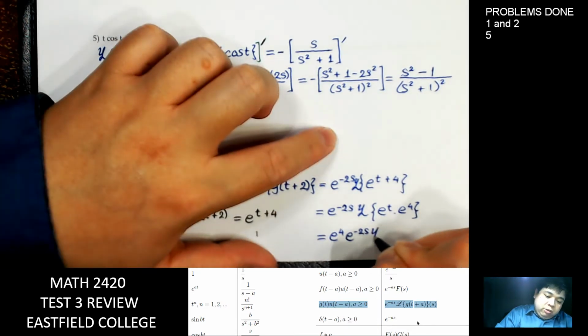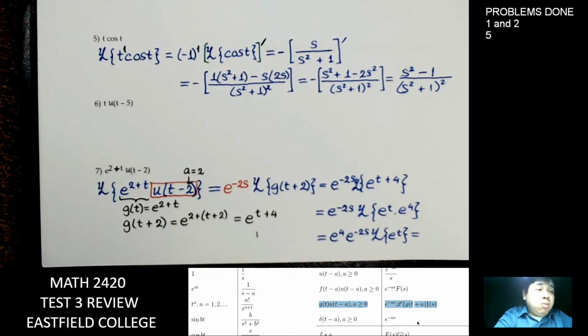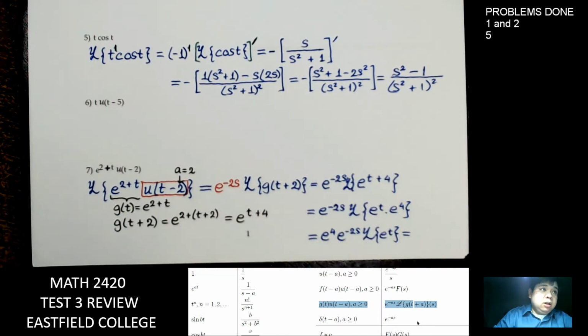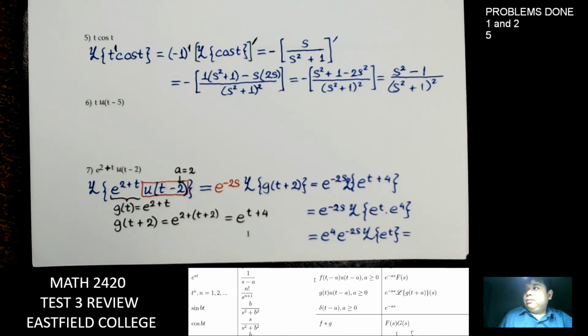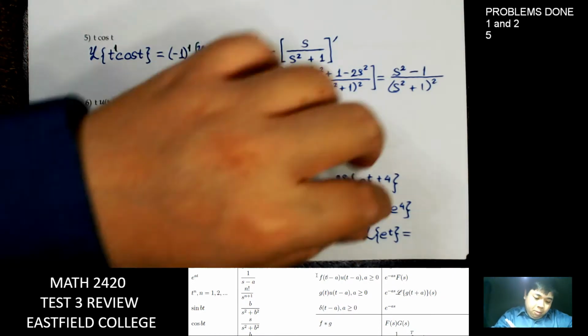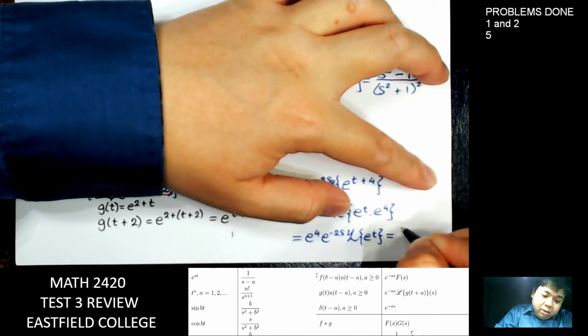I'll just have the transform of e to the t, which will be 1 over s minus 1. Let's go back to the default. So we have those two terms on the top.